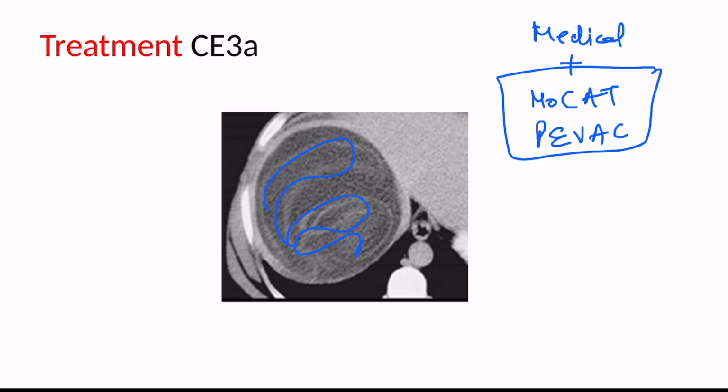This is the procedure of choice because you need to remove the membranes also. With the 14 to 16 French catheter of MoCAT and PEVAC, you can insert a fine forceps, aspirate the fluid and remove these membranes. Again, if not possible, then surgery.